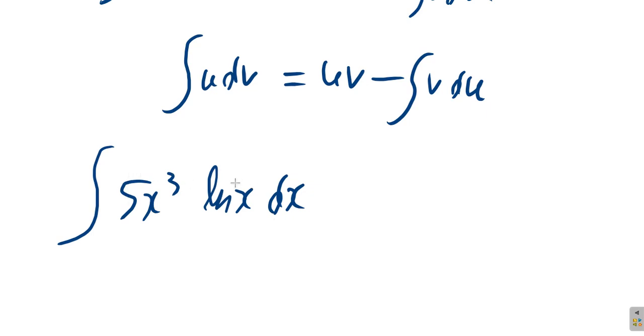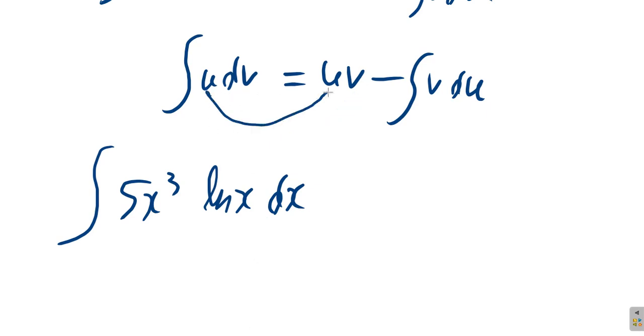Now, remember, whatever you choose for u, you're going to have to differentiate it so that it goes from u to du. Whatever you choose for dv, you have to integrate it, and it goes from dv to v.